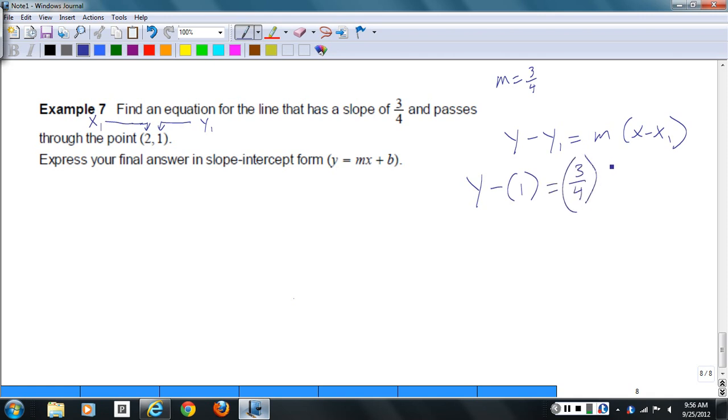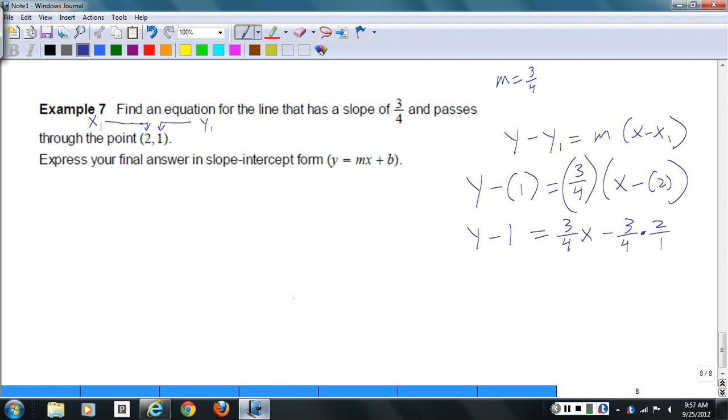I'm even going to enclose the 3/4 in parentheses because I'm technically substituting 3/4 for m, but not a huge deal. As I begin to simplify that, most of the parentheses just melt away, and we're left with y minus 1 equals 3/4 times x minus whatever 3/4 times 2 over 1 is.